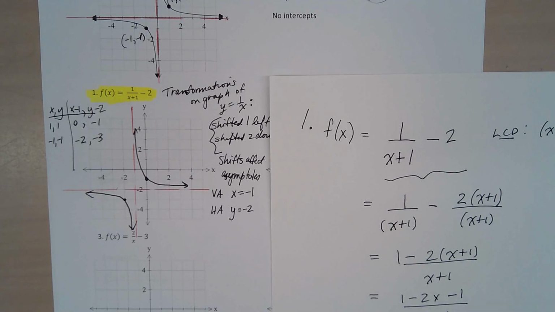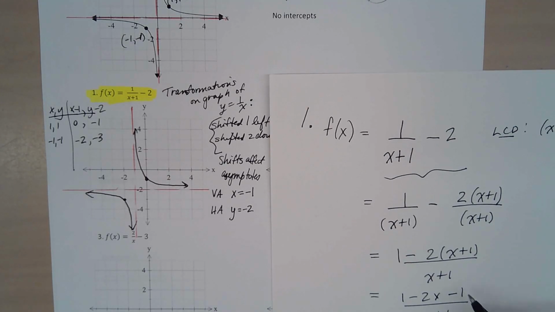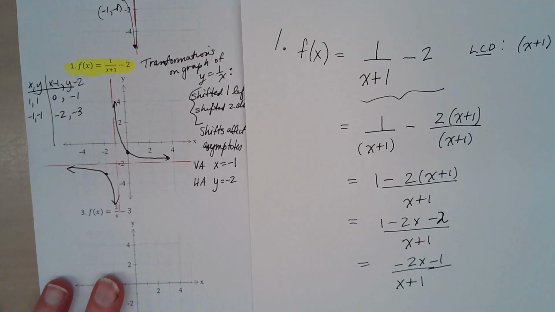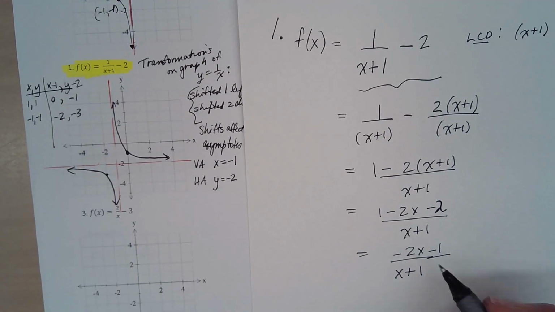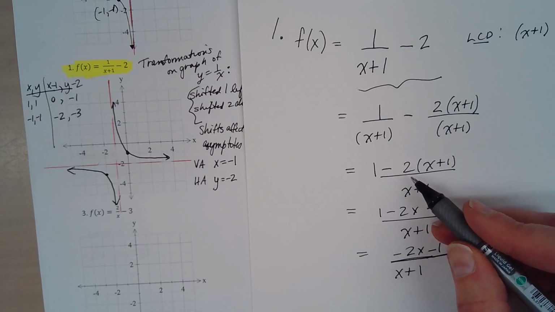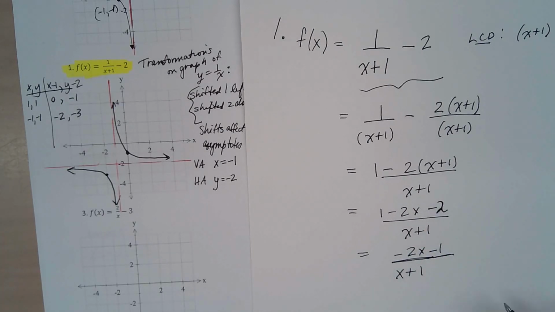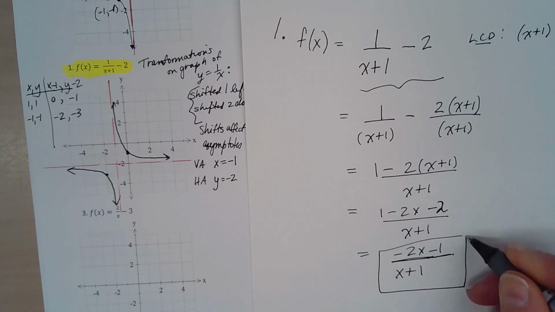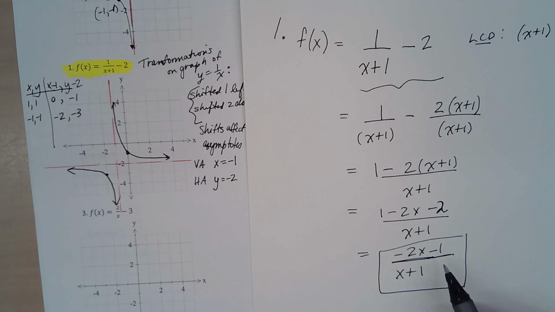Finally, I get minus 2x over x plus 1, okay? Oh, sorry, minus 2. Oh, glad you guys are with me today. Okay, agreed? All right, so minus 2x over x plus 1, 1 minus 2, 1 minus 1. Okay, so now, let's see, I guess I could factor a negative out of here, but that's not really going to help me much.